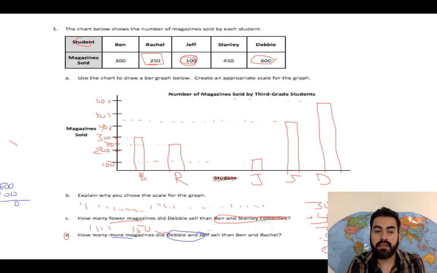I'm going to add it, so it's 700. And then I'm going to add Ben and Rachel. Ben is 300. Rachel is 250. So that is 550. That's an ugly 5. 550. So I have my Debbie, Jeff, and I have Ben and Rachel.